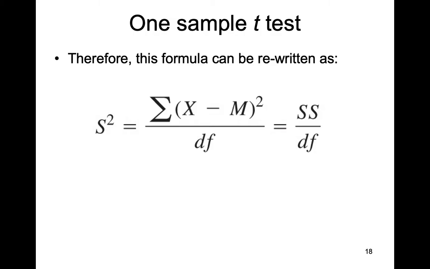Our formula for our estimate of population variance can be rewritten as the following. Instead of n minus 1, we're just going to use a shorthand and put degrees of freedom in the denominator. Notice too that there's another shorthand which, instead of writing out the numerator as the sum of x minus M squared, we can simply use SS, or sum of squares, the sum of the squared deviations from the mean.